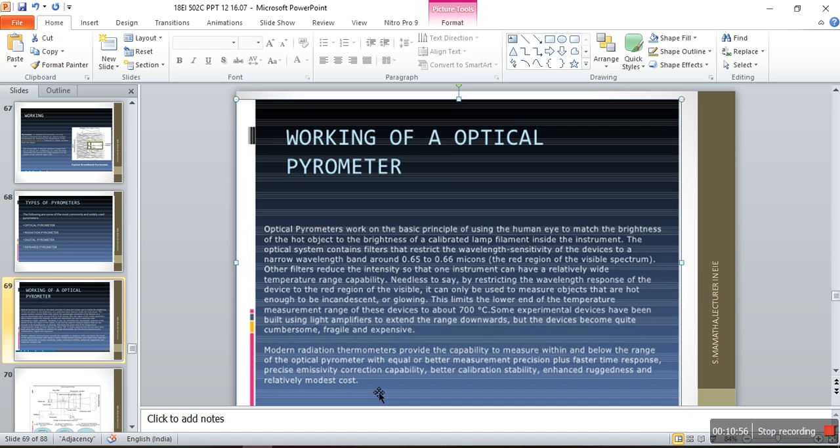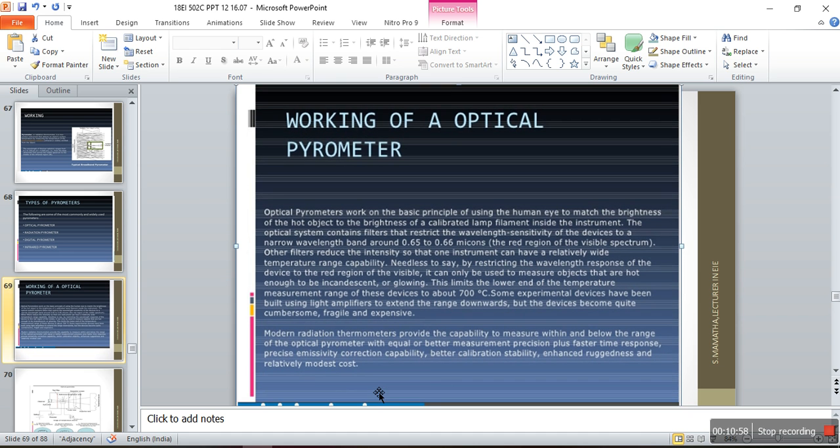This is about the working of an optical pyrometer. Generally, by using the filters, we filter out particular wavelengths. That wavelength intensity will be measured, and it is proportional to the temperature that we want to measure.